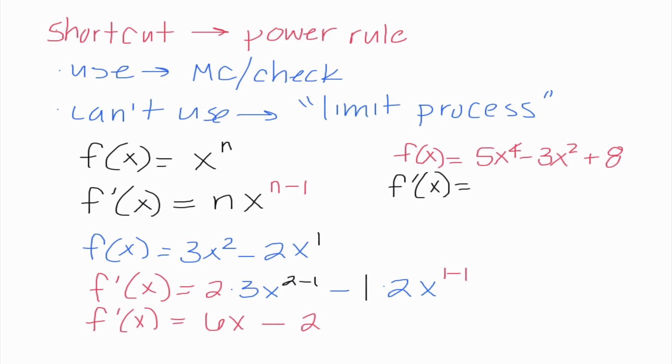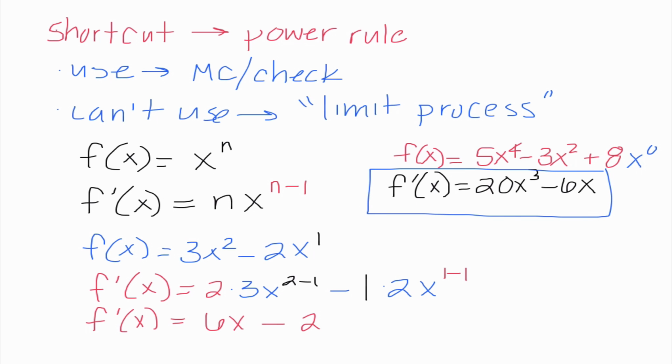So f prime of x equals 4 times 5 is 20x cubed, because I'm dropping it down 1. 2 times negative 3 is negative 6, and then x to the first. Now, this 8 is kind of strange. That's like we have x to the 0 power. So if I bring this 0 out in front, 0 times 8 is 0, so I don't have anything. So this would be our final answer.